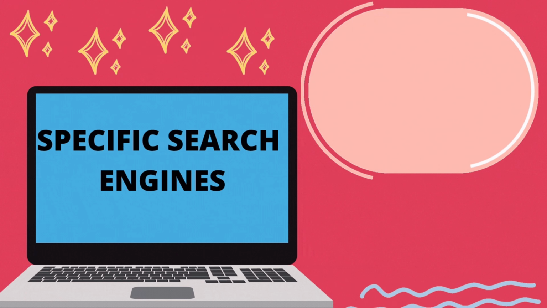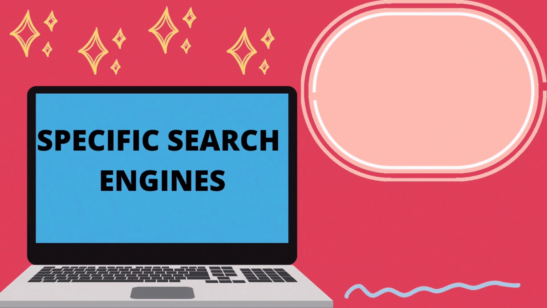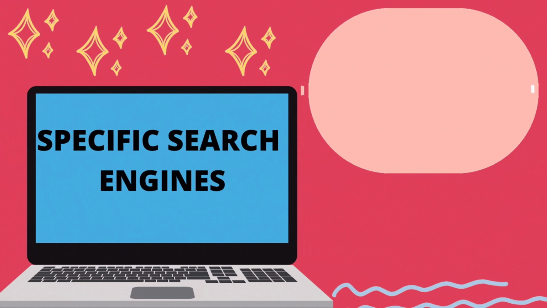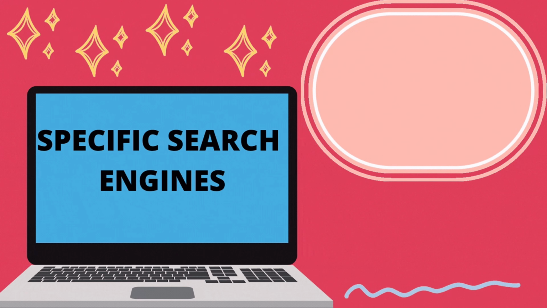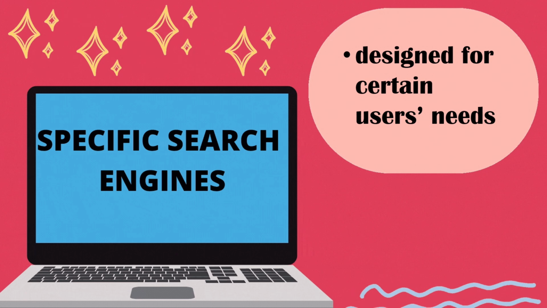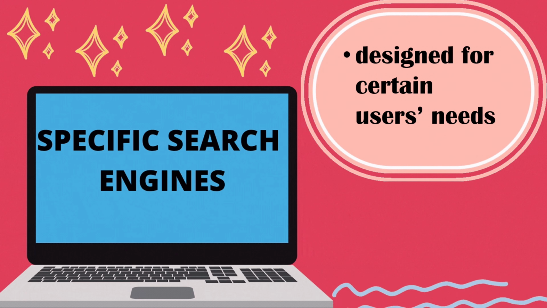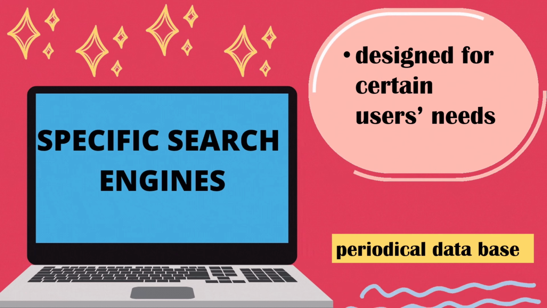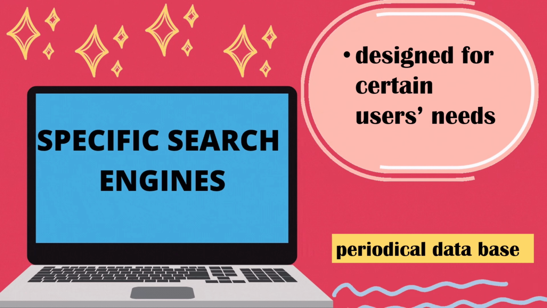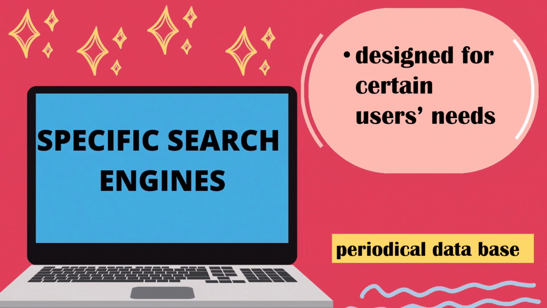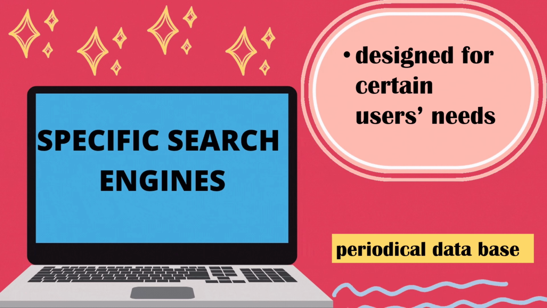Finally, a specific search engine, as the name implies, is a much smaller and more specific type and is designed more specifically for certain users' needs. A good example for this type is a periodical database on culture, history, politics, and government, which are usually accessed for research purposes.